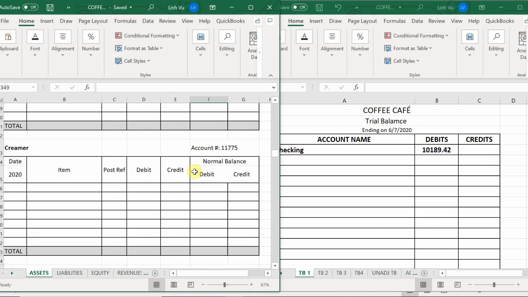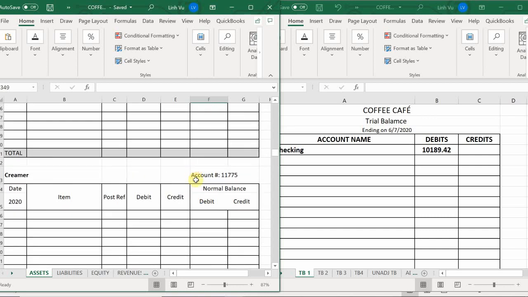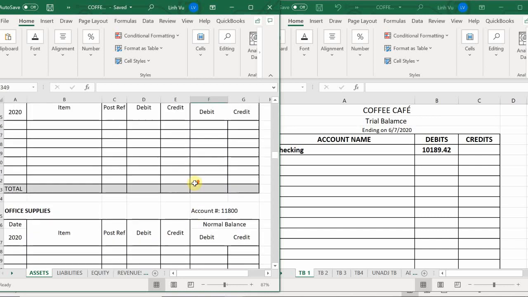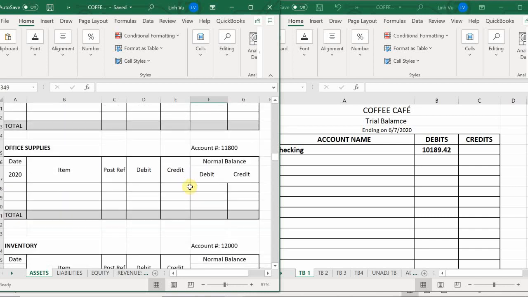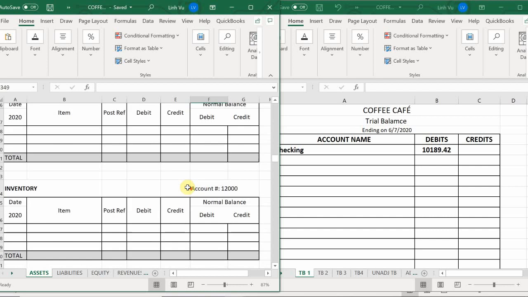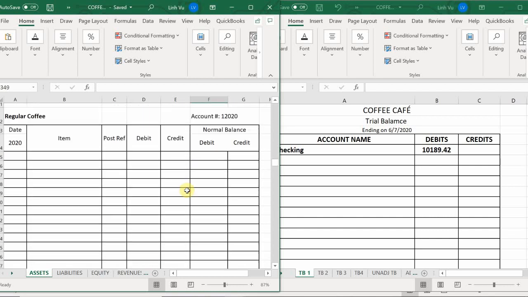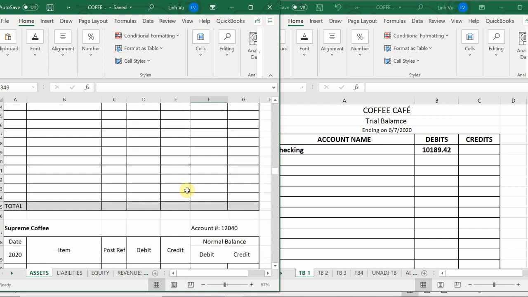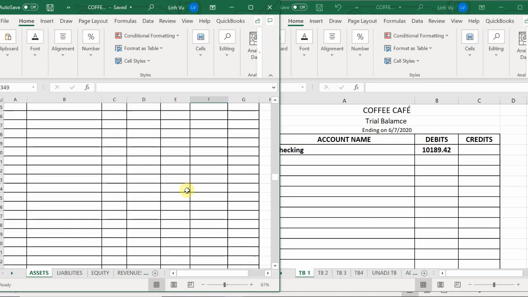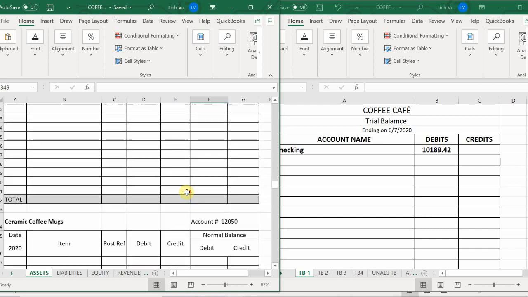Did we have any office supplies? We haven't had any yet. We haven't even bought inventory, which consists of our coffee. So we can skip along those accounts because they all have 0 balances.